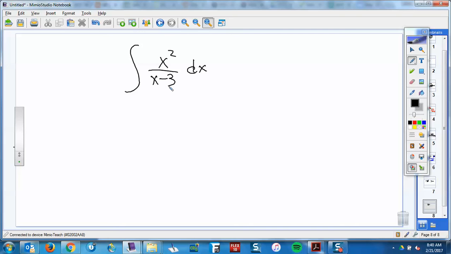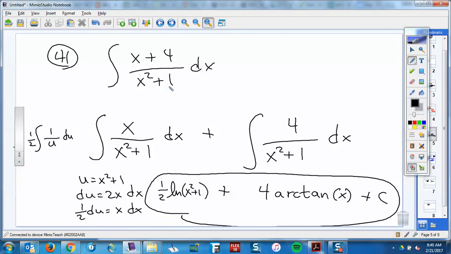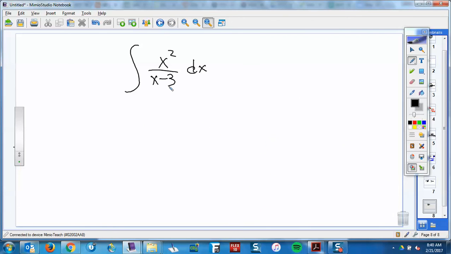I mean, the one we did earlier, the reason we could split it apart is the top had two things. So we put this over the bottom, and then we put this over the bottom, right? There's only one thing. Did you let u equal the bottom and then solve it for x? That's right. That's what we'll do. So you were on the right track, Emily. Like, I wish I could split this up, but only if this was flipped could I split it up.